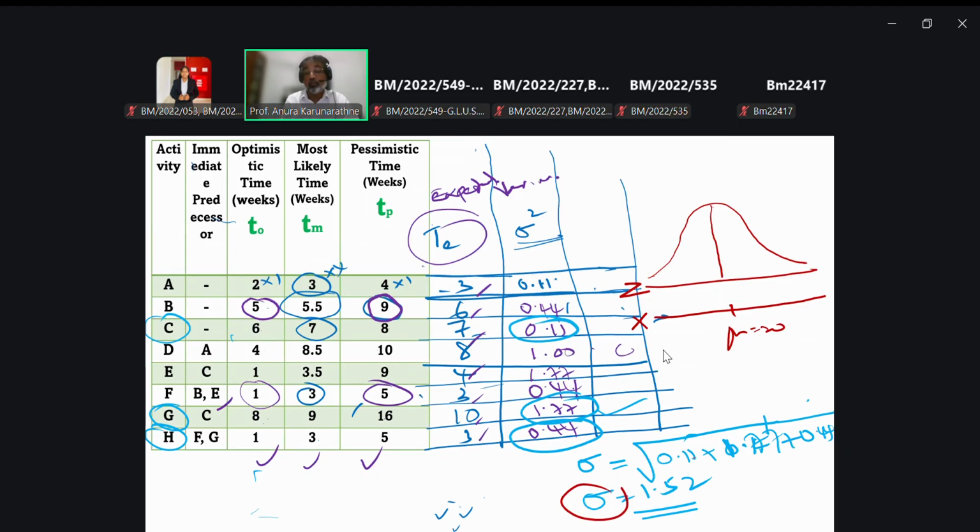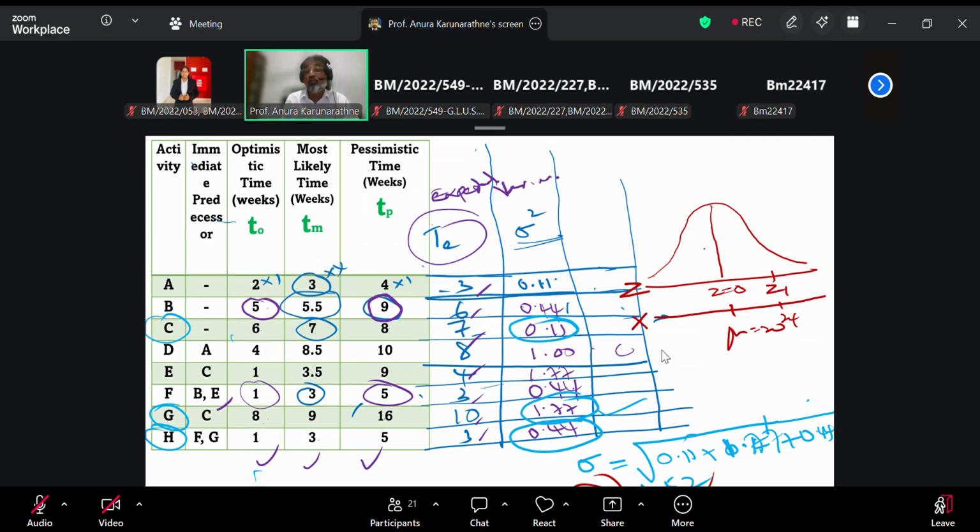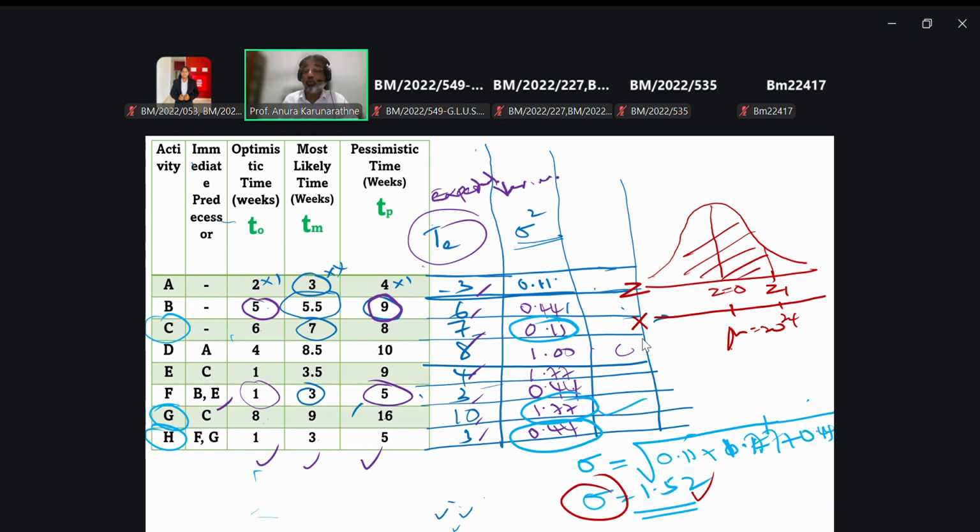The standard deviation we obtained as 1.52. Now our question here, this is Z1. What is the chance of completing this particular activity below 24 weeks? That is our new question.